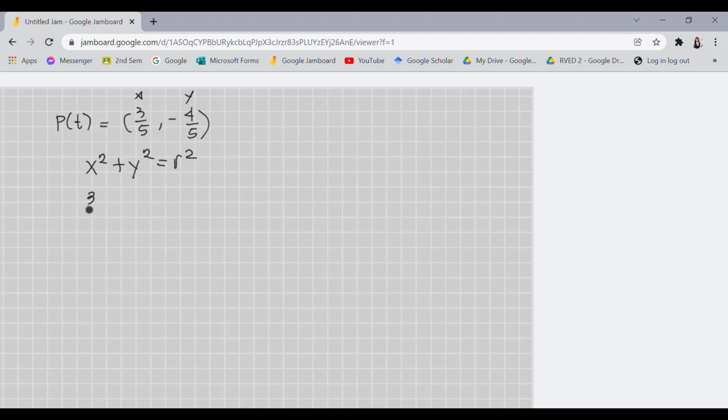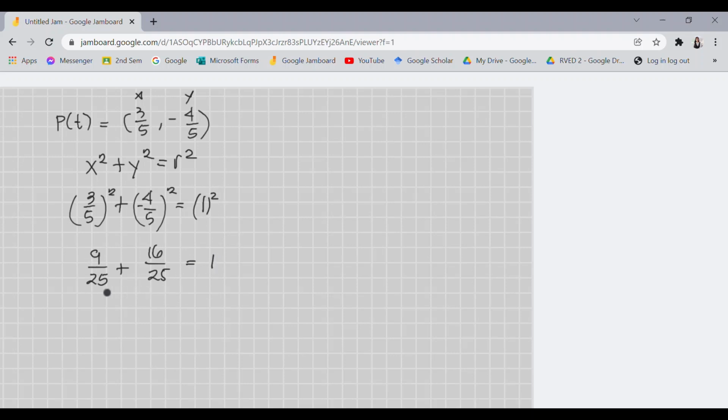So we have 3 over 5 quantity squared plus negative 4 over 5 quantity squared is equal to, since we are checking this with respect to the unit circle, 1 squared. 3 over 5 squared is 9 over 25, and negative 4 over 5 squared is 16 over 25. This is equal to 1, since 1 squared is 1.